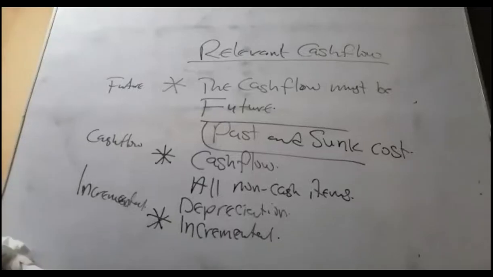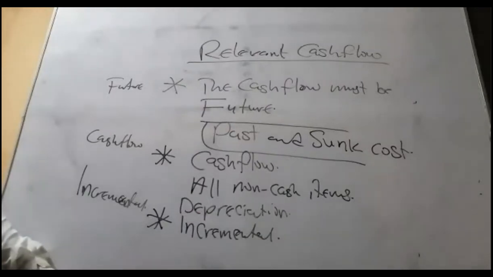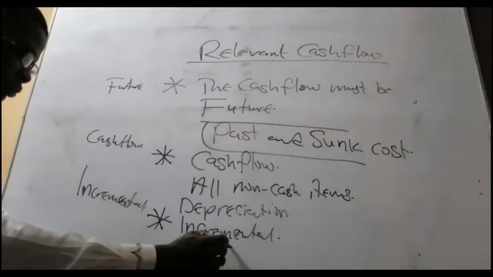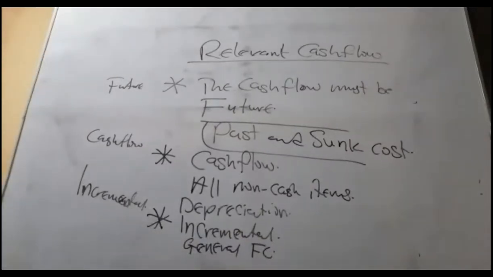So in each and every section, what must be ignored must be stated clearly. General fixed costs must be ignored.